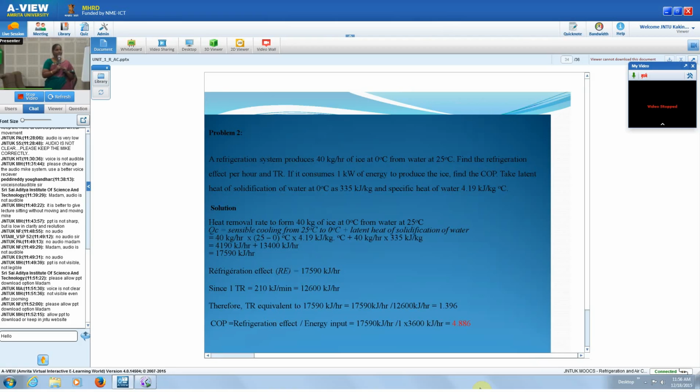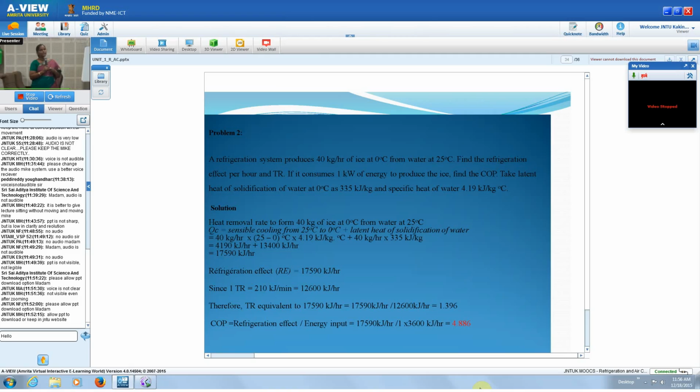A refrigeration system produces 40 kg per hour of ice at 0 degrees centigrade from water at 25 degrees centigrade. Find the refrigeration effect per hour and ton of refrigeration. If it consumes 1 kilowatt of energy to produce the ice, find the COP.